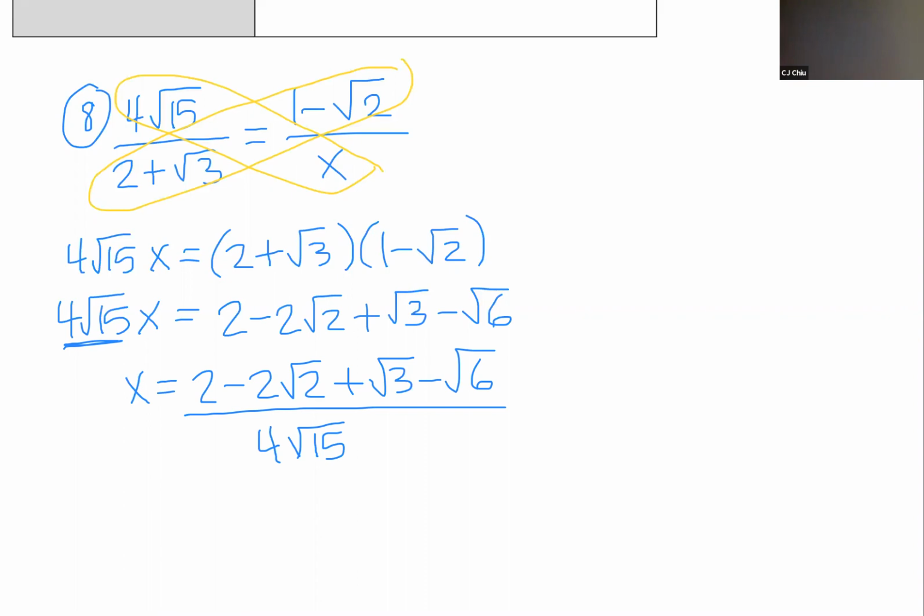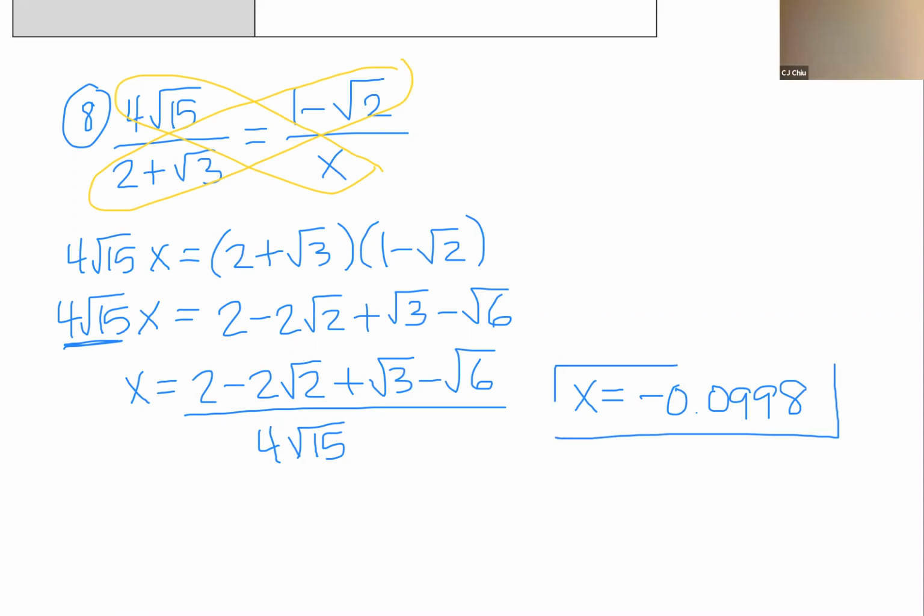And normally you would multiply by square root of 15 over square root of 15, but for solving, you just take a calculator to this and say, okay, x equals negative 0.0998. Okay, and there you go. Okay, so in the next section, we'll talk more about solving, but right now it's just cross multiplying and then solving for x. Okay, and that's it.